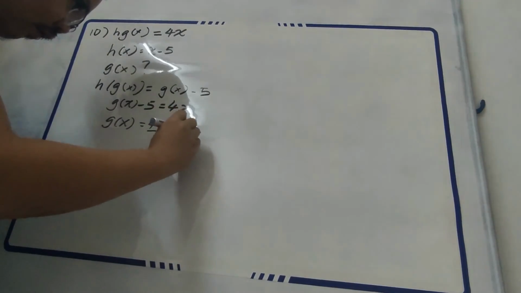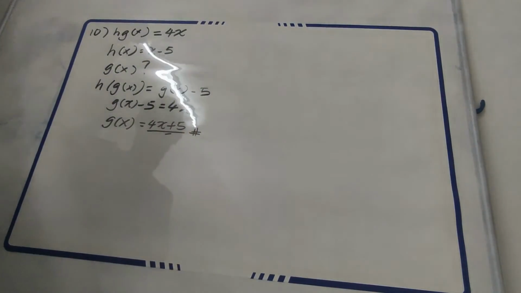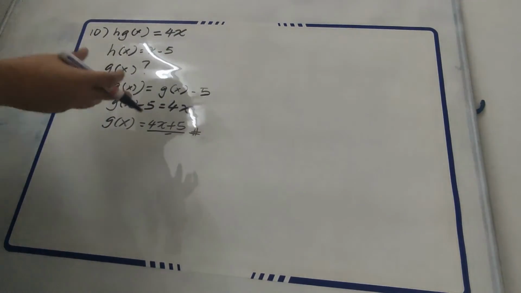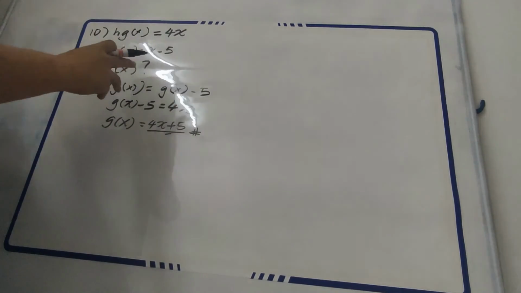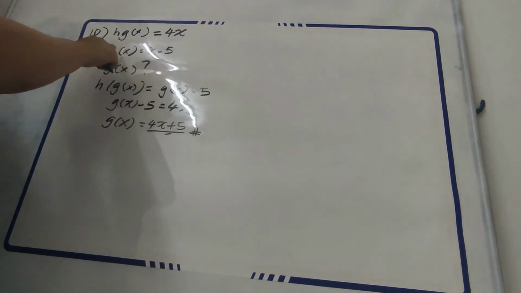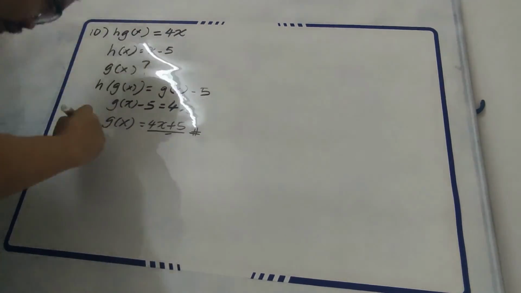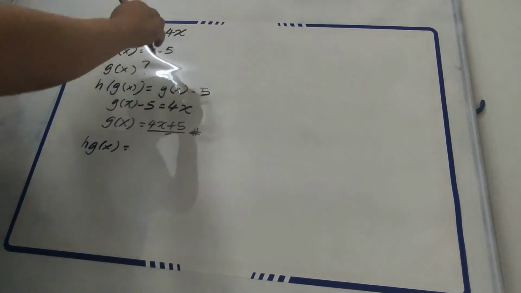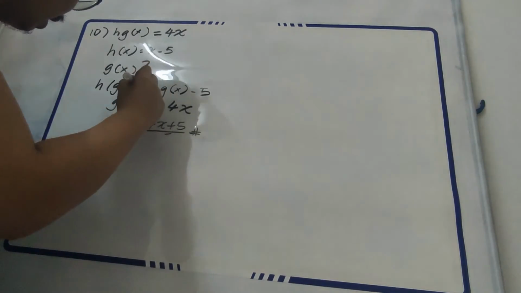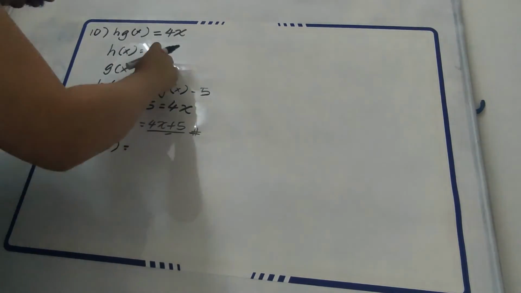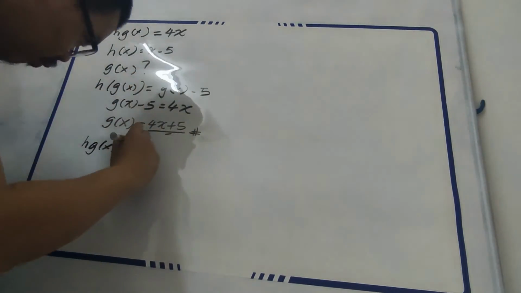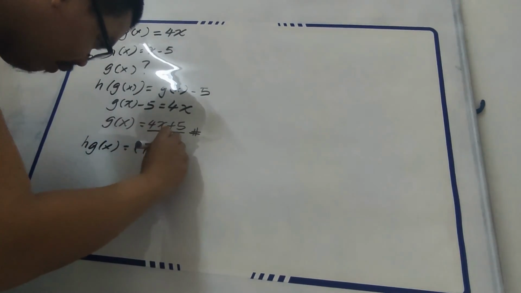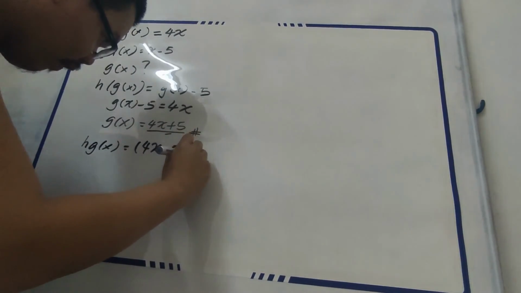So this is the answer for question number 10. If you have time in the exam, you can check it back to see whether it is correct or not. Very simple. You have h, you have g now, so h(g(x)) equals x minus 5, so 4x plus 5 minus 5.